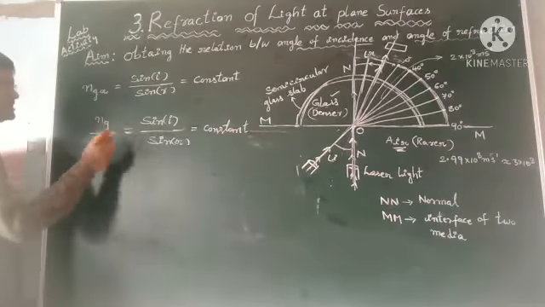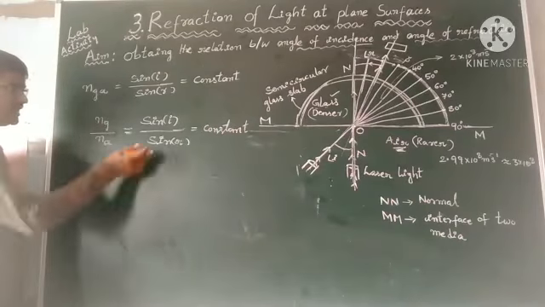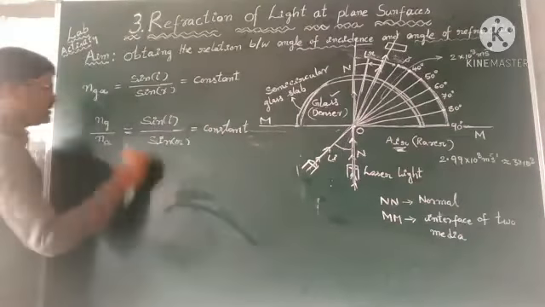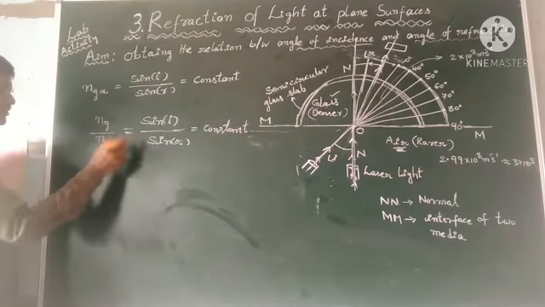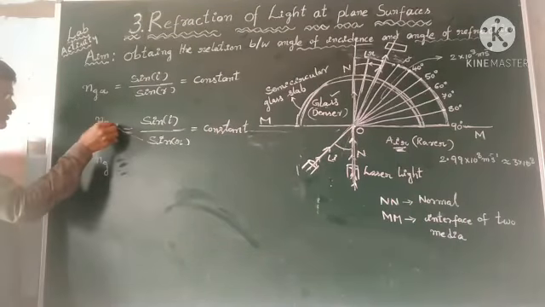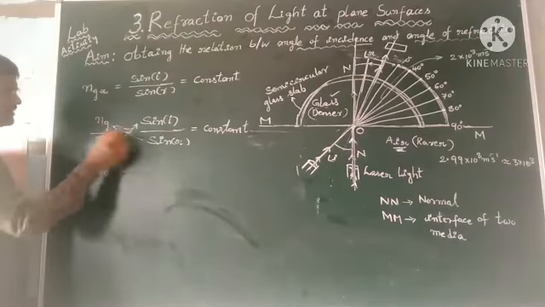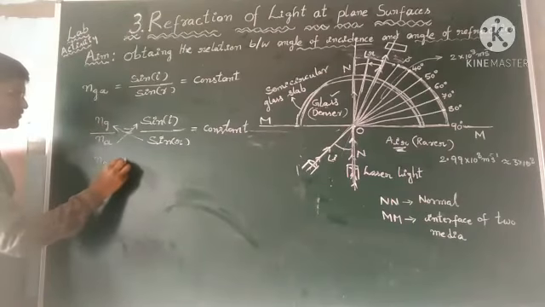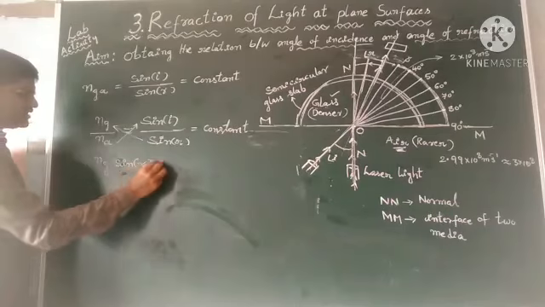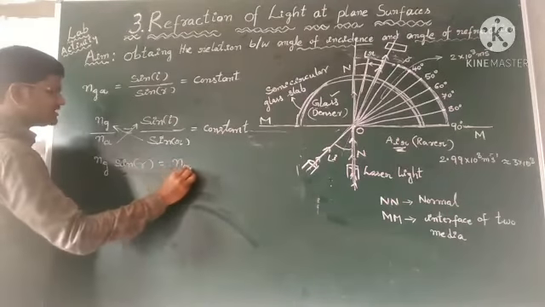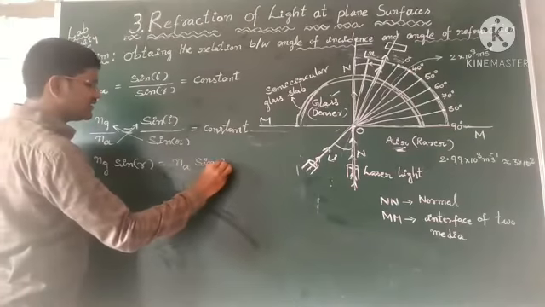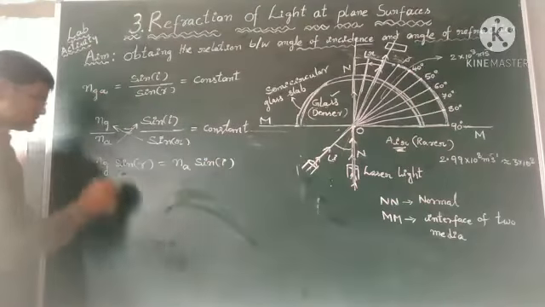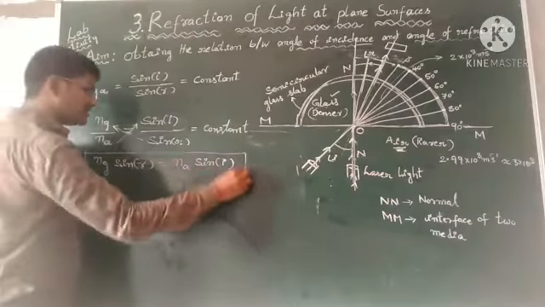If you do the cross multiplication here, n suffix g into sin r is equal to n suffix a into sin I. So this is also called Snell's law.